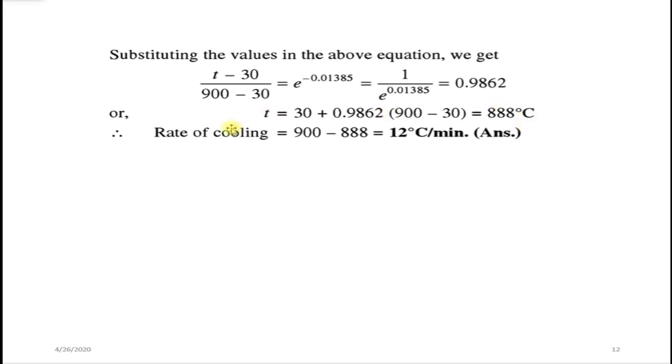Now what is the rate of cooling? Initially the temperature was 900, and now it is reduced to 888 degrees Celsius after 1 minute. So the rate of cooling is 900 minus 888, equal to 12 degrees Celsius per minute.